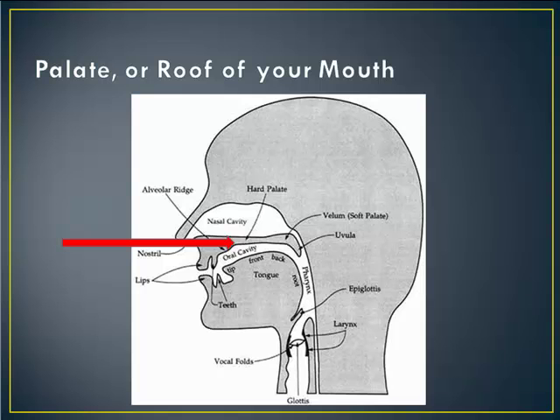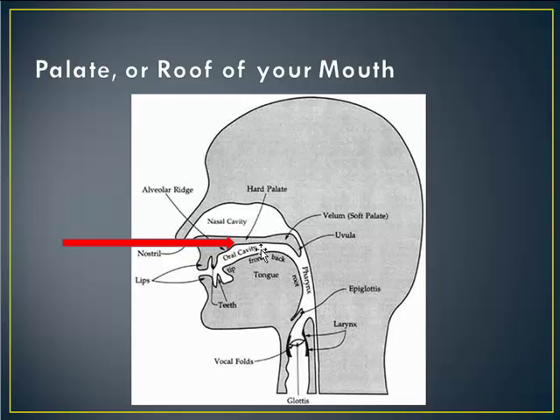There are three ways in which air can be stopped at the roof of your mouth, which actually extends from the alveolar ridge, which is here, across the hard palate, which is the top of your mouth's roof, to the back, the velum, or soft palate.